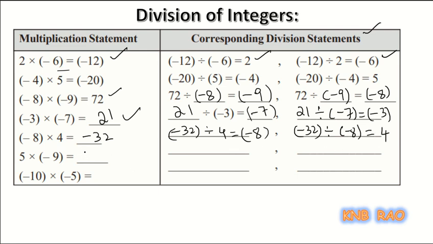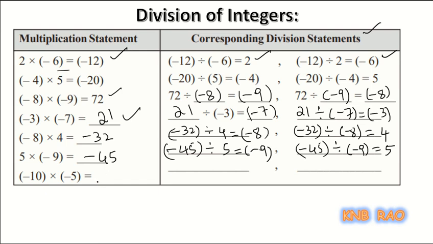And 5 multiplied by minus 9 gives you minus 45, and from this multiplication fact we will have 2 division facts. In that first one, when minus 45 is divided by 5 gives you minus 9, and similarly the second division fact is minus 45 divided by minus 9 results 5.